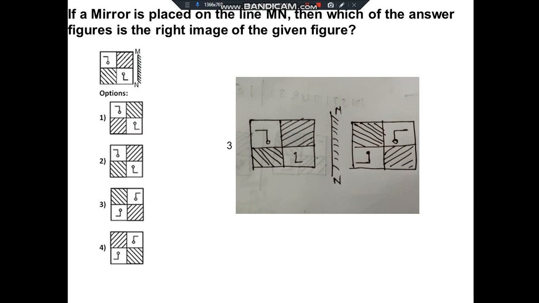Using that, neglect options 1 and 2, because they are in the same position as the original. Next, check options 3 and 4. Whichever line goes from left to right should go from right to left. So only option 3 suits that. Neglect option 4, so 3 is the right answer.